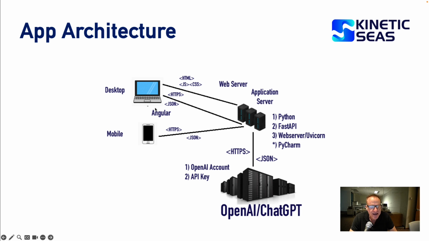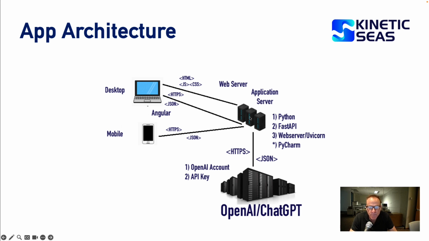Now, this could be written in Angular, React, Vue, any front-end desktop or mobile application IDE or framework that allows you to talk to an application server. You make calls to the application server with HTTPS, and the application server returns JSON. That's going to be the same whether your Angular app is on a desktop or on a mobile device.